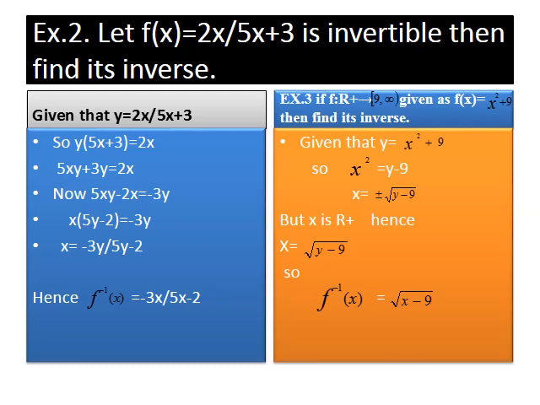But here the domain of the function is positive real numbers, so first of all we neglect the negative solution, meaning negative x. So we get the value x equals under root y minus 9. So we replace x with f inverse x and y with x. So we get f inverse x equals under root of x minus 9. This is the desired inverse of the function under the given condition.